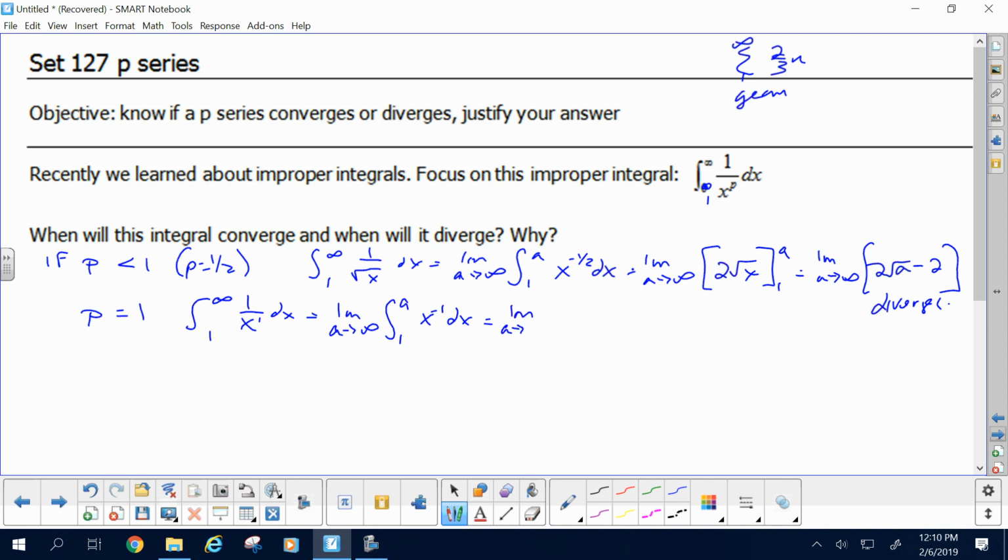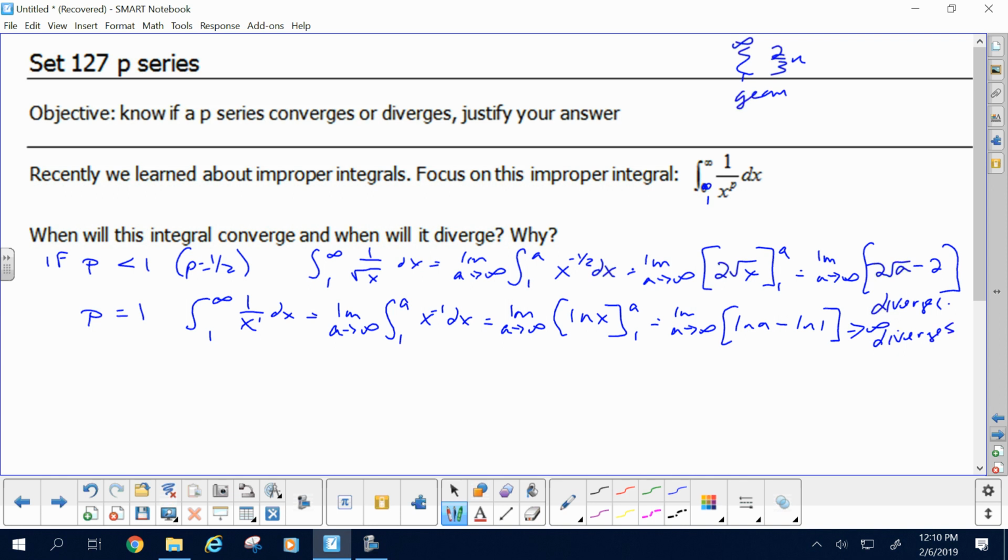Natural log. It's not a power case. It's that rare case, a power ending in natural log, from 1 to a. And natural log of a. As a goes to infinity, the natural log of a goes to infinity, and therefore that diverges.